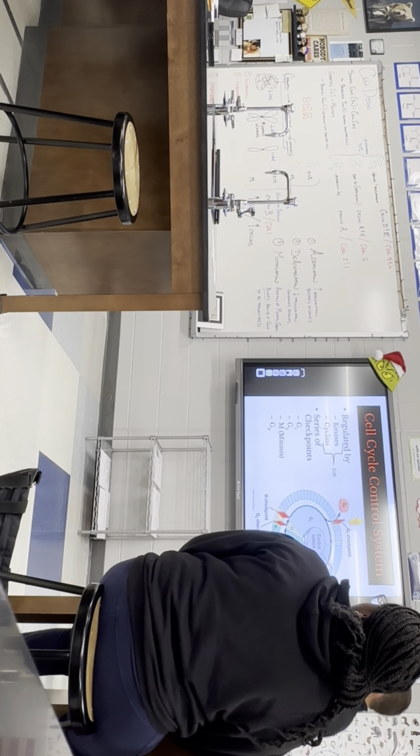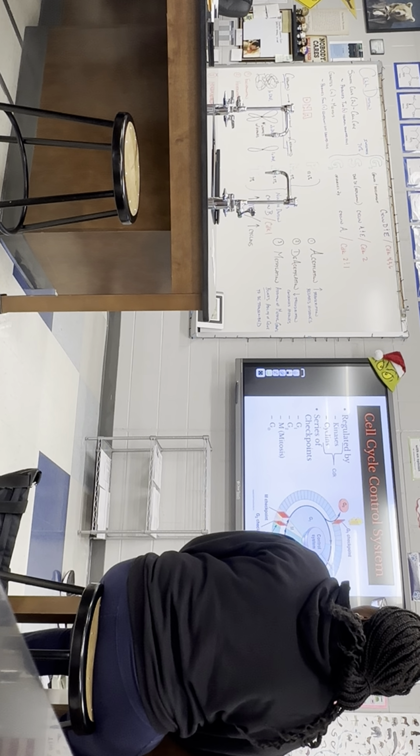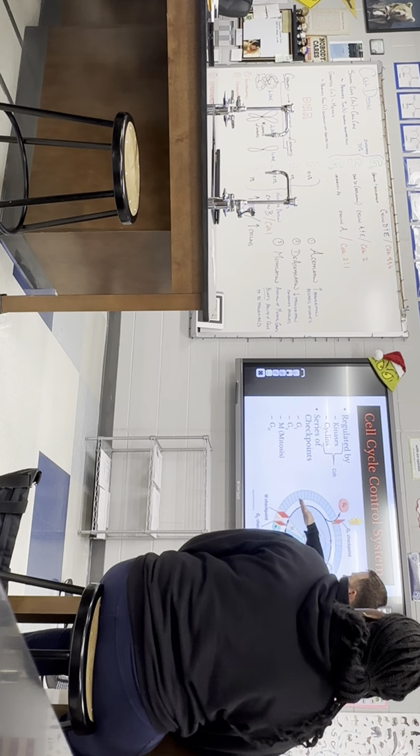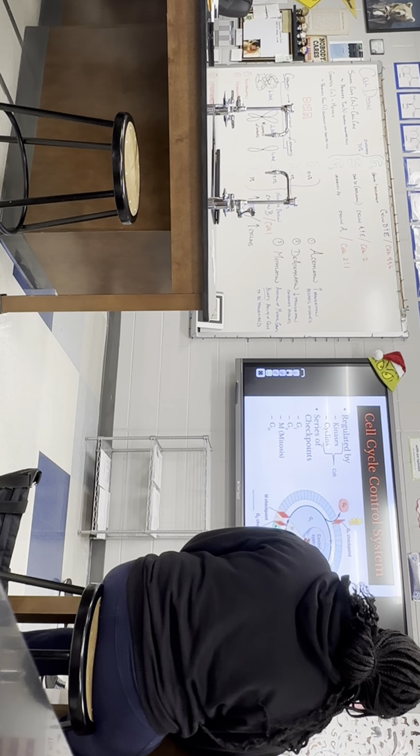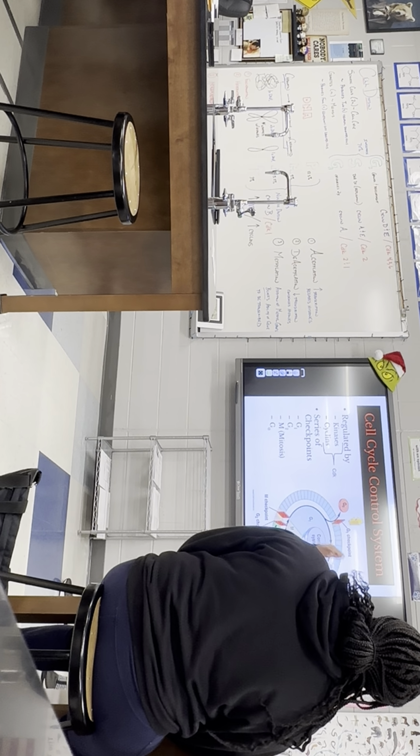So take a look at this. And I know you got this your freshman year. All of these regulations are there for safeguards. So you notice throughout the G1, S, G2, and then into mitosis, you have G1. So right here, all the cells are under normal growth and development. Then once they kind of hit the end of their life cycle, they're going to hit what's called a G1 checkpoint.